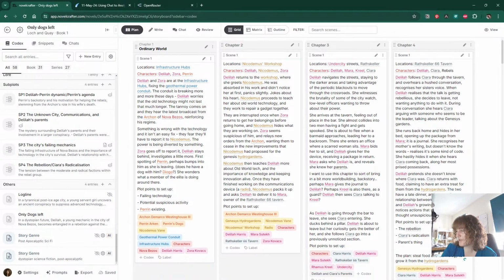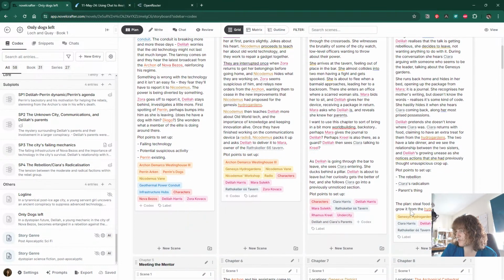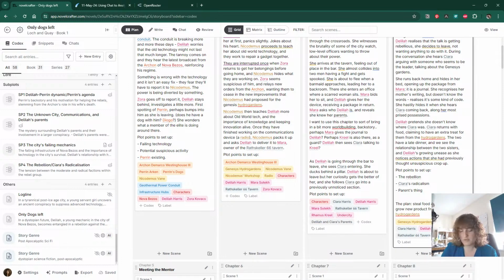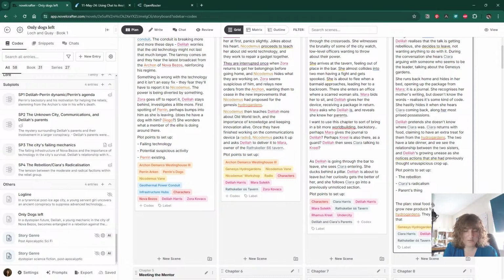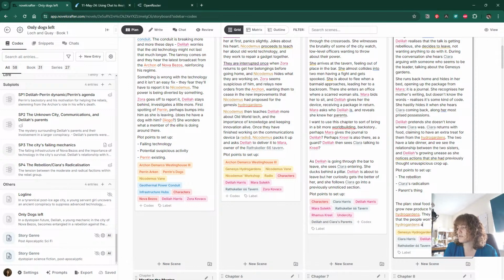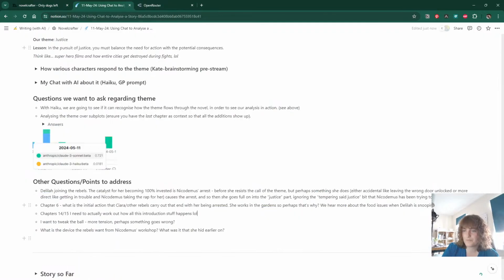Okay, so we have to grow produce from. They are doing this so that the people won't starve once the hydro gardens are destroyed. But that doesn't work because they get arrested. Okay. So I've got that.